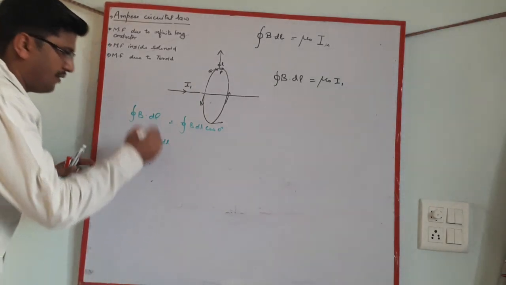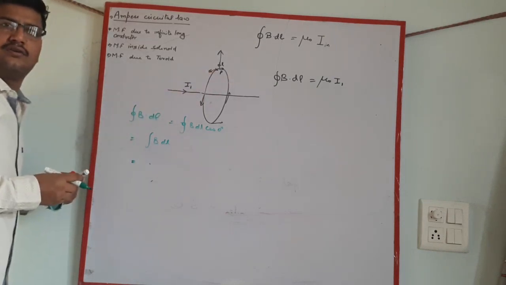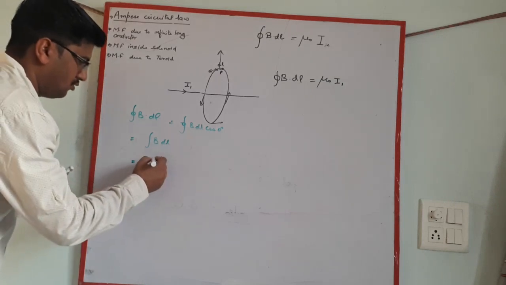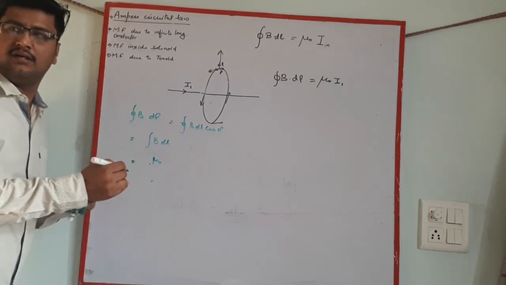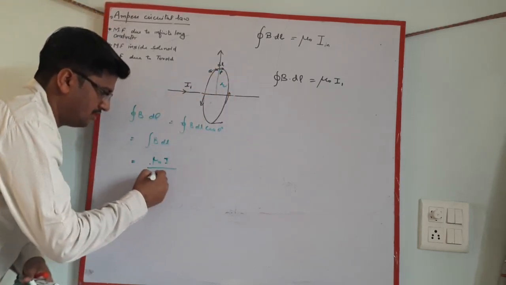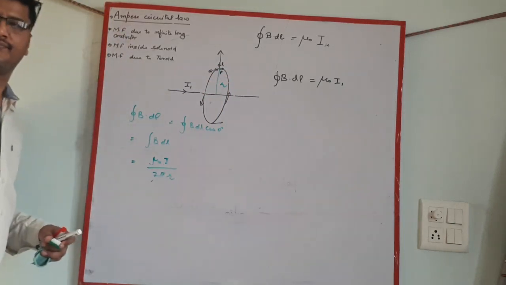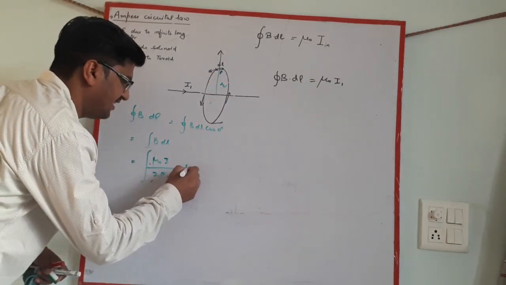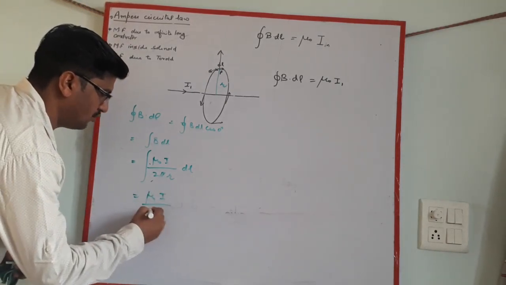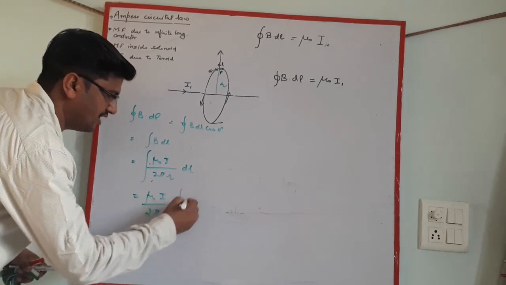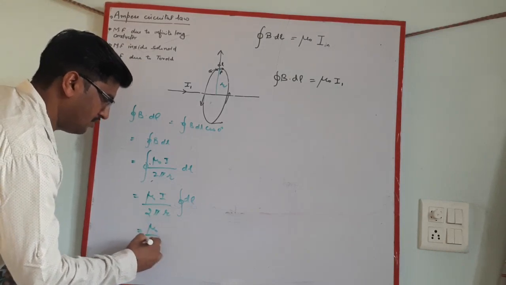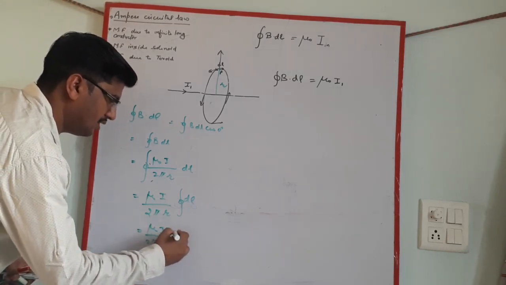Now the value of B for a straight current conductor is mu naught I upon 2 pi R, if the distance is R. Then mu naught, I, 2, pi, R are all constant. What we are left with is dl, and that is mu naught upon 2 pi R times I dl.